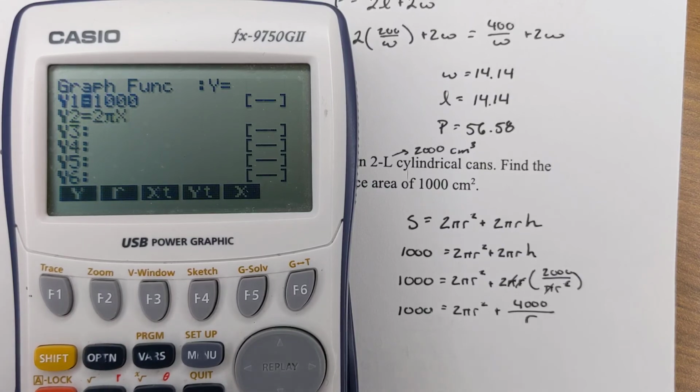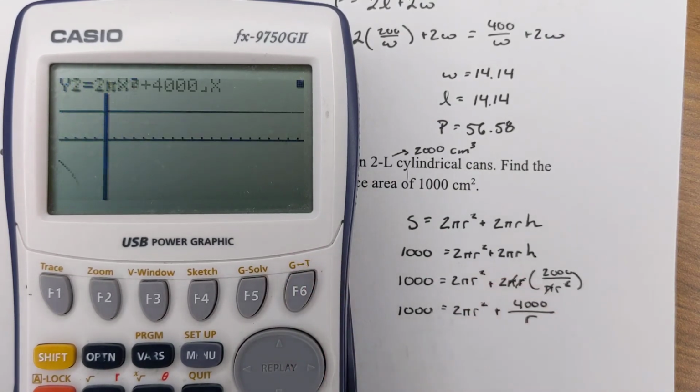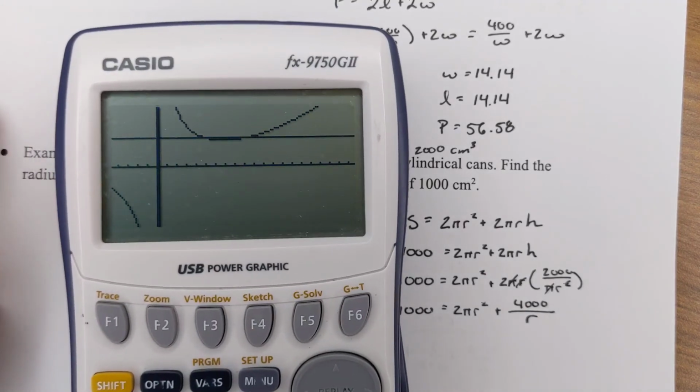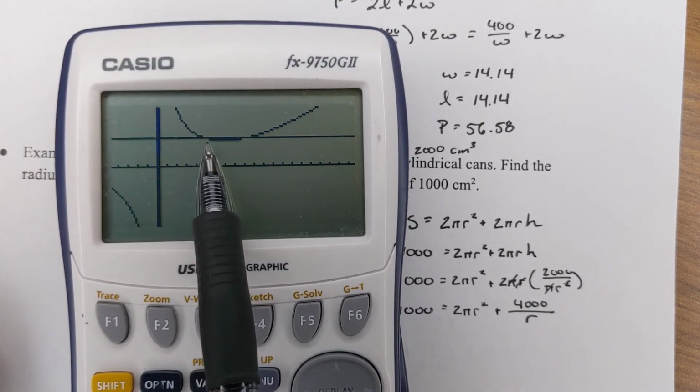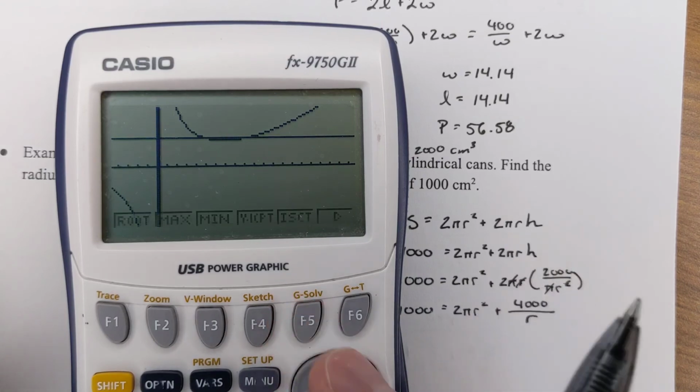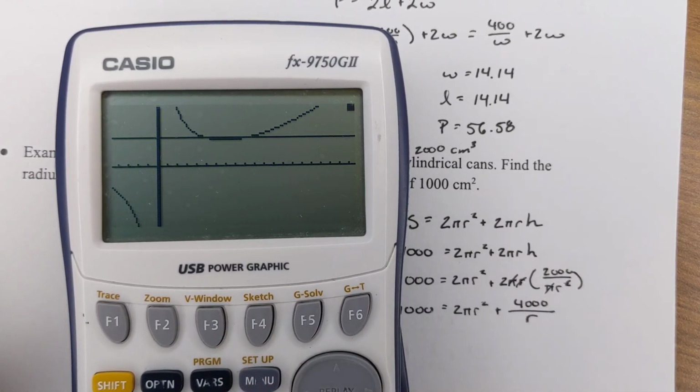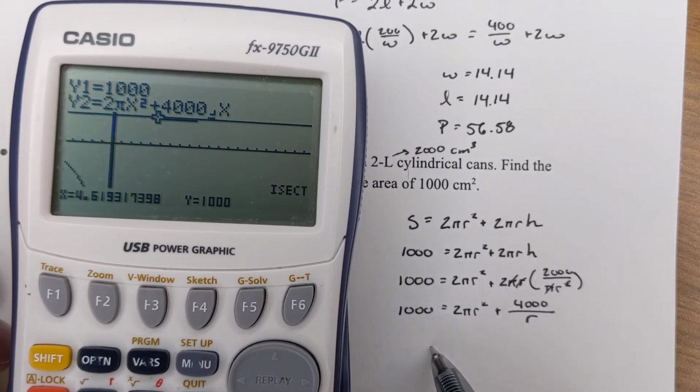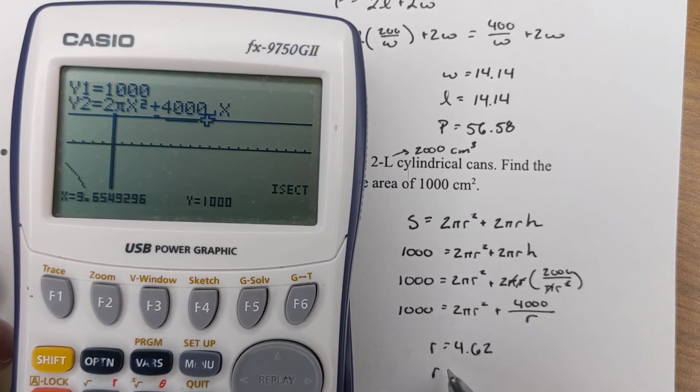I'm going to use x instead of r, since your calculator's expecting x, and 2 pi x squared plus 4,000 over x. Draw. You can kind of see it already from my previous zoom. There are 2 locations where it works, so I'm looking for the intersection here. There's one r value of 4.62, and there's the other r value of 9.65.